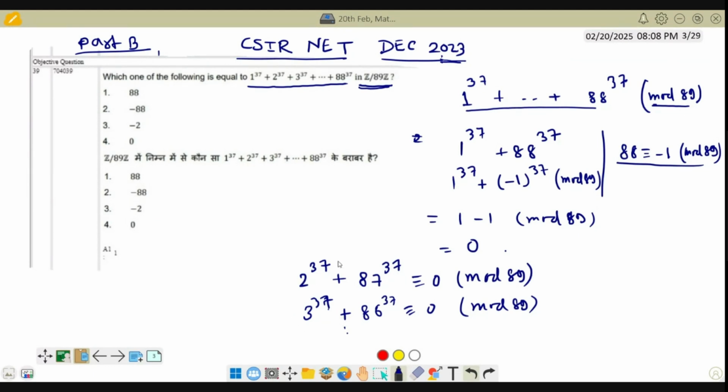The last would be 43 and 45? No, 43 and 45 is not possible, because the pair must add up to 89. 44 and 44 is not possible, but 44 and 45 is possible, right?